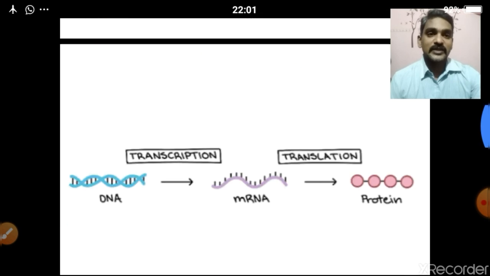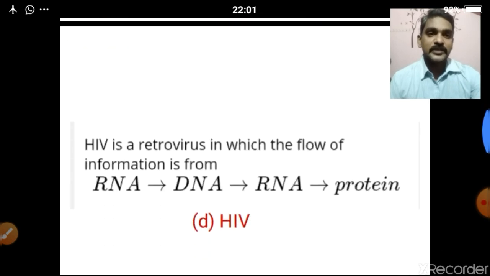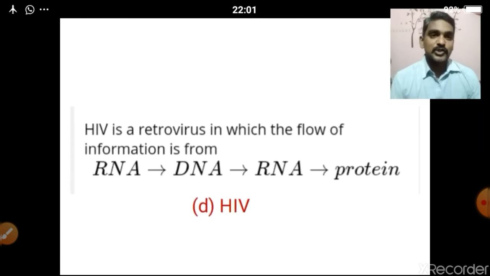The reason is, you can see in the picture here, the HIV is a retrovirus. It has genetic material as RNA. So from RNA, what will happen after entering into the host cell like humans? They will produce DNA by the process called reverse transcription with the help of the enzyme called reverse transcriptase.